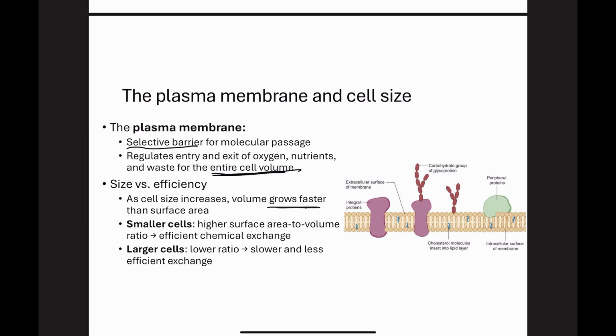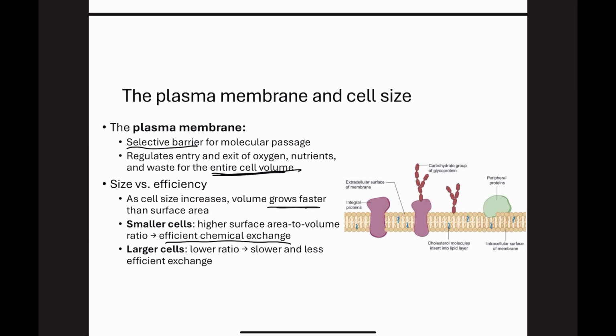And that just means that because we have less surface area and more volume, the plasma membrane cannot keep up with the metabolic requirements of that cell. So when we have smaller cells, we're going to have a higher surface area to volume ratio, which is going to allow for more efficient chemical exchange.